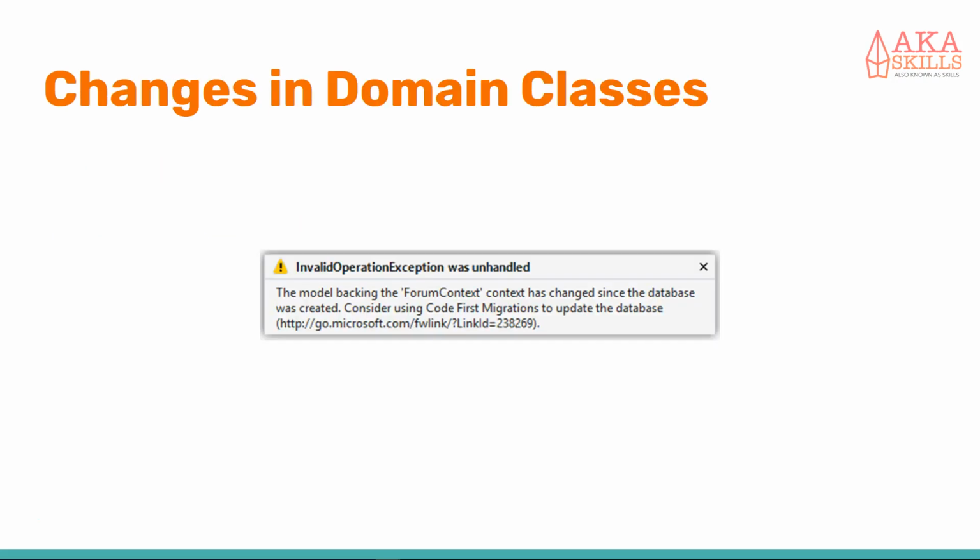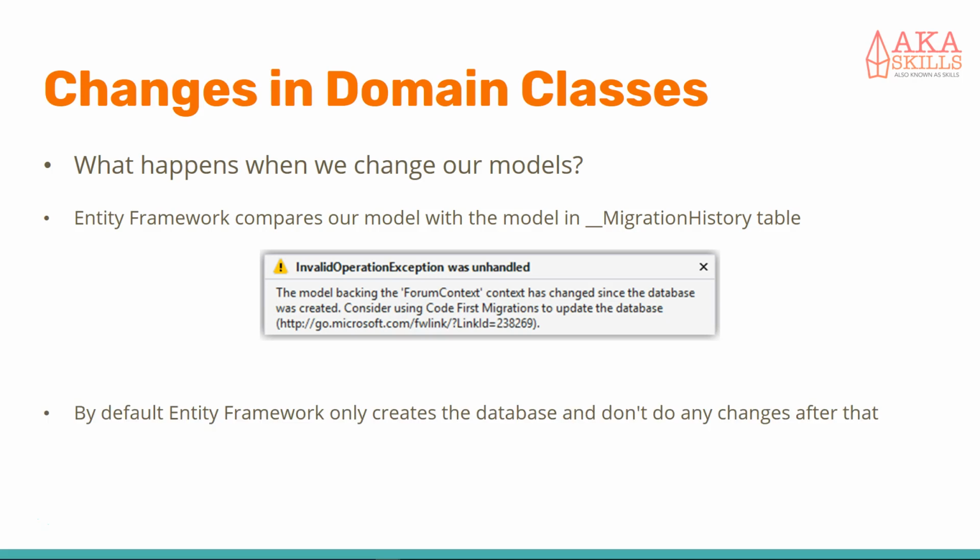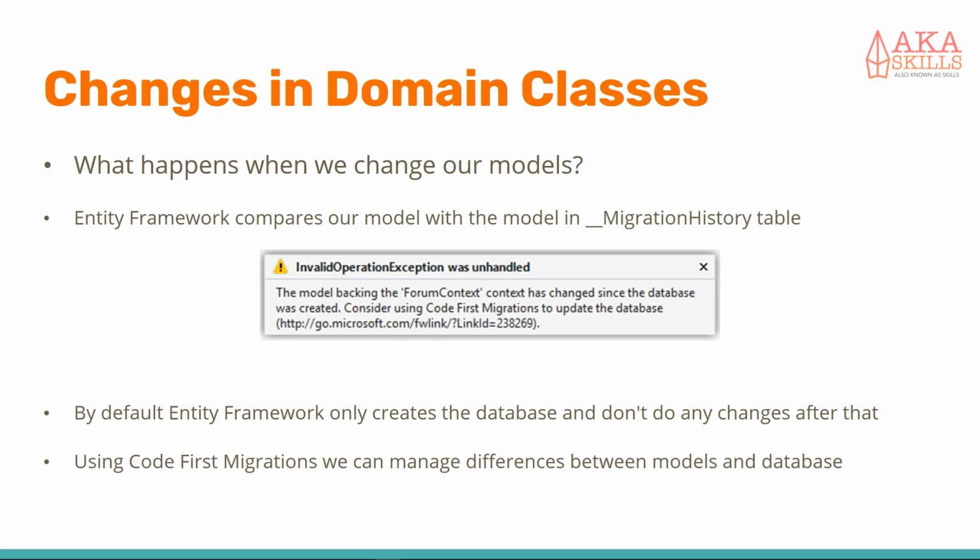So, when you make some changes in your domain, what actually happens to our models? Well, Entity Framework compares our model with the model in the _migration history table. By default, Entity Framework only creates a database and doesn't make any changes after that.